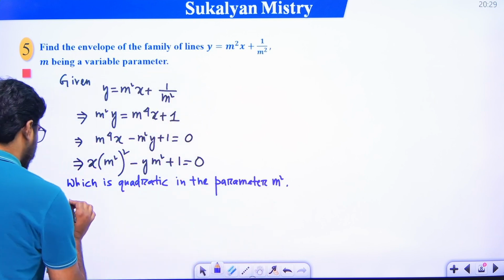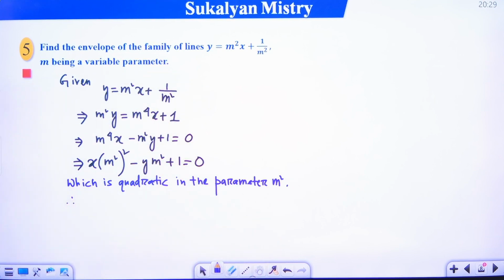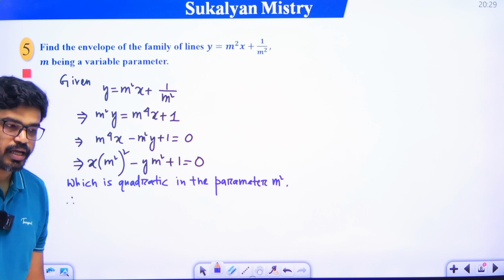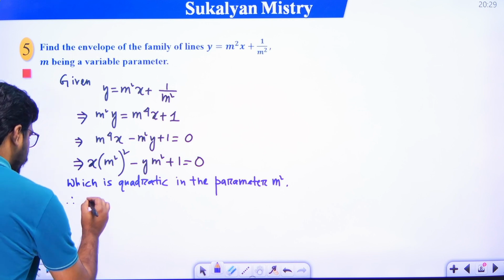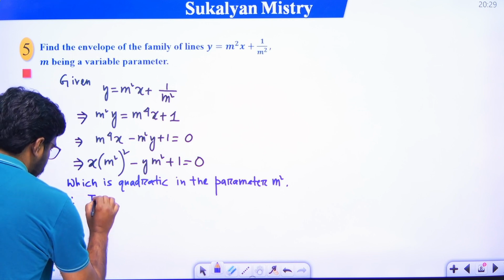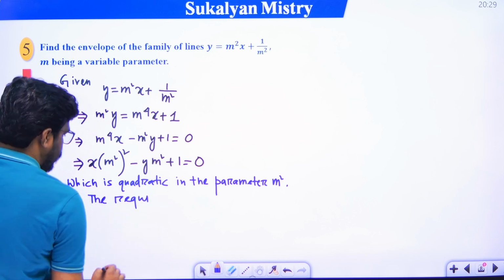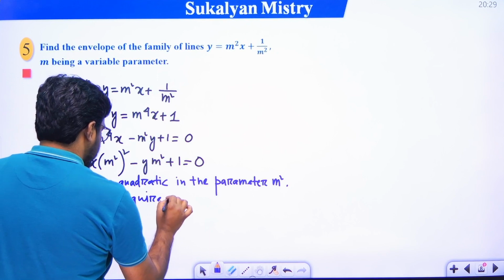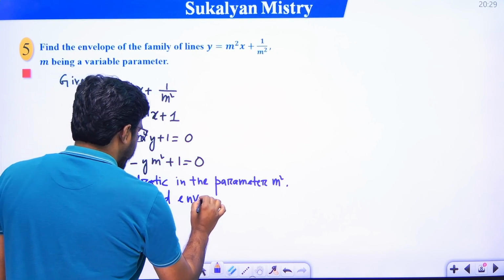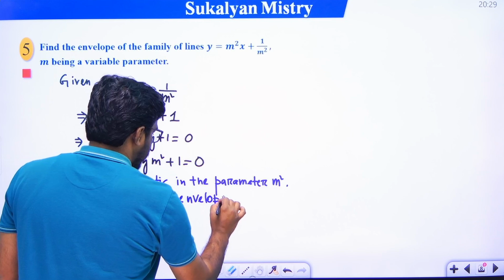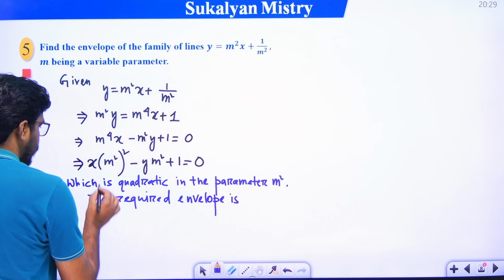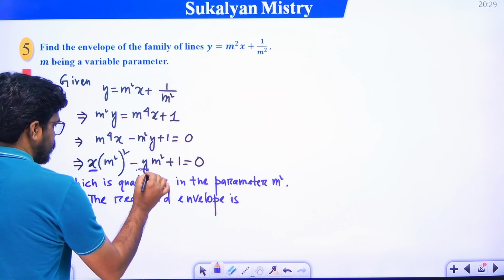So therefore the required envelope is given by, this is a, this is b.